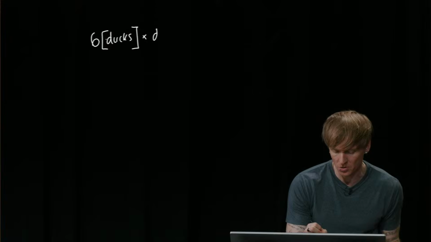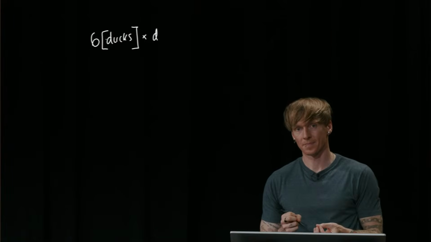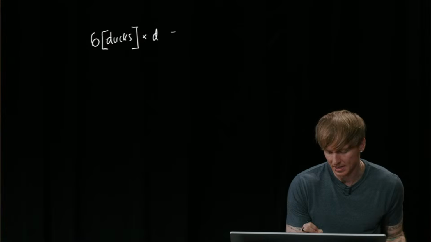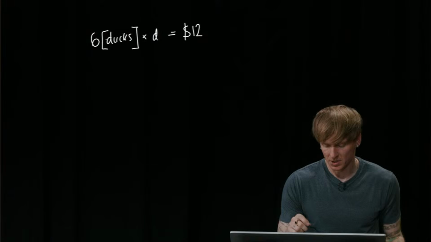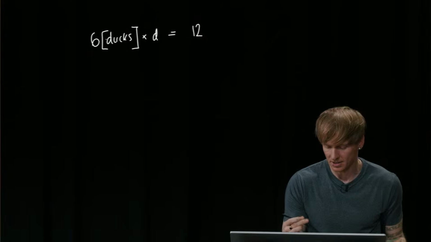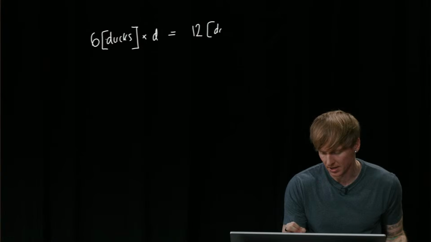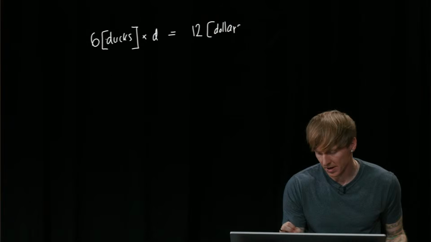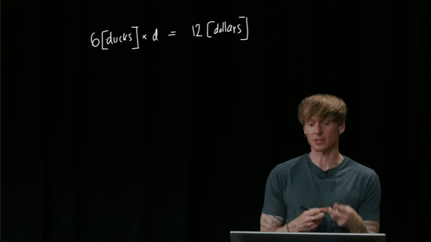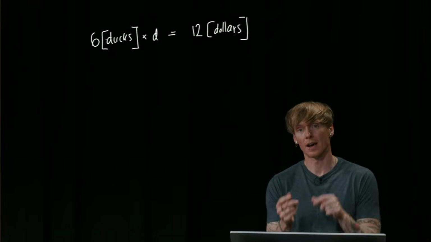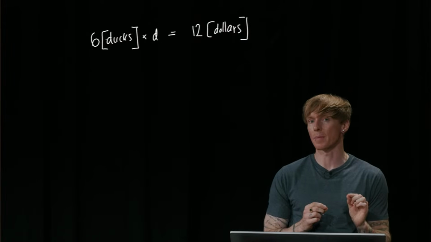So we don't know the units of d, and we're saying that that is equal to $12. So actually, to be consistent, I should write that as 12 [dollars]. Okay, so I haven't written anything different to that original equation, 6d equals 12. I've just added units in square brackets.